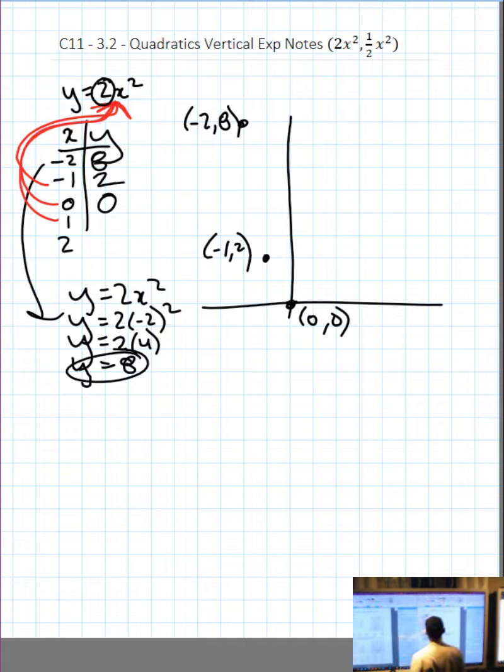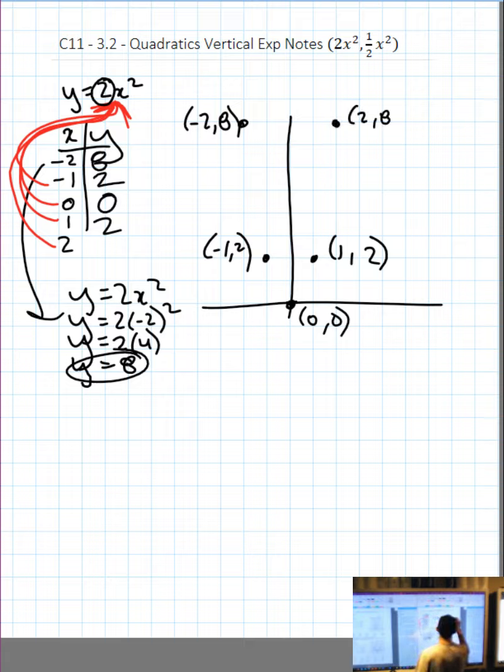BEDMAS, exponents first. 1 squared is 1, times the coefficient 2 is 2. Putting the point on the graph, 1, 2. And taking the last x value in the table, 2, and putting it in. 2 squared is 4, times 2 is 8. 2, 8. And we've got a steeper parabola.